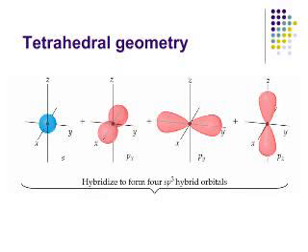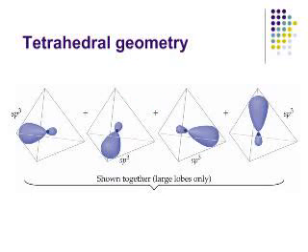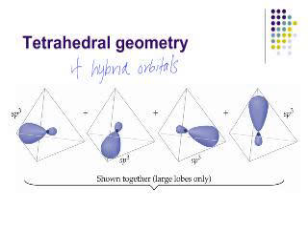Let's show this a little bit more. If we start with this, okay, so we still have our carbon with our 4 valence electrons. If we take these 4 atomic orbitals, all right, a spherical s orbital and 3 dumbbell-shaped p orbitals, we can mathematically blend them together to form 4 hybrid orbitals, which just happen to have the exact geometry we want.